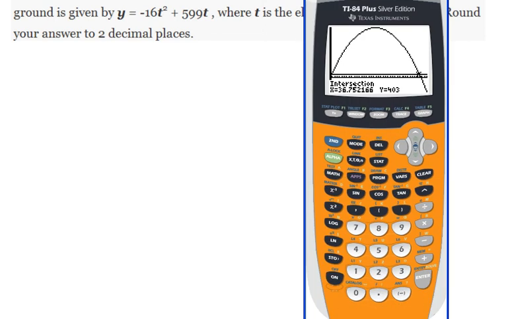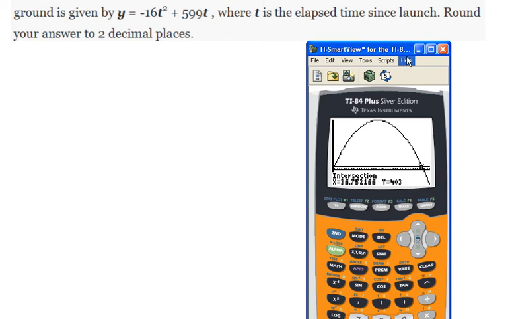Okay. Now, what if they had asked instead, how long does it take to get to its highest point? What would we do there instead? Maximum. Sure, we'd find that. We'd go second calc maximum and find the x value of the maximum. Okay? X being t, right? And that would tell us the time it took to get up to the highest point. What if they wanted to know how high it went?